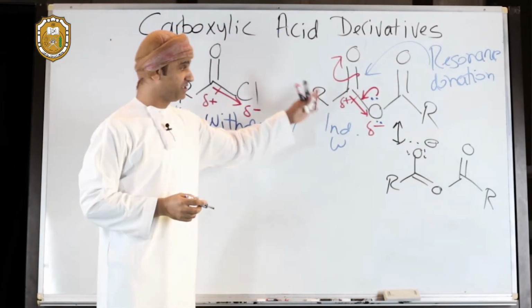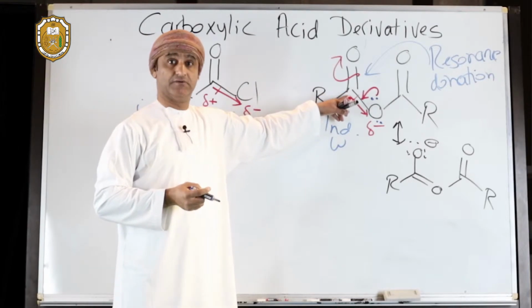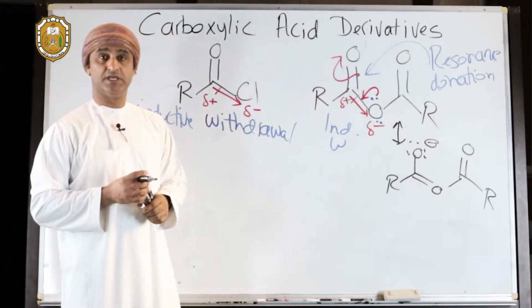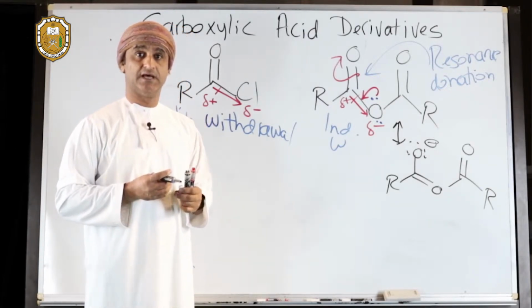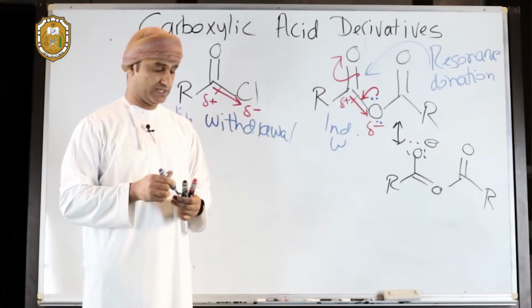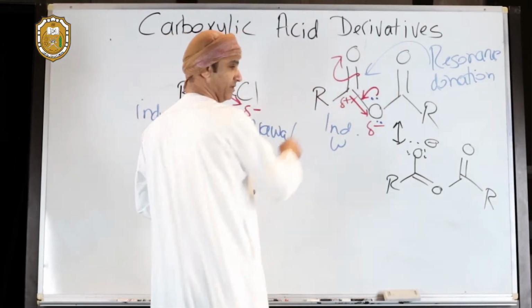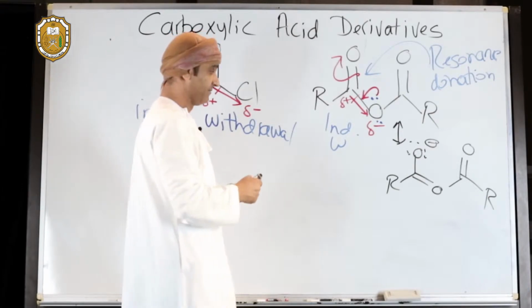Now, this donation of electrons reduces the electrophilicity of that carbon. If the electrophilicity of that carbon is reduced, then its susceptibility to nucleophilic attack, and subsequent nucleophilic addition, would be less. So that carbon of acid anhydrides, as a result of this resonance donation, is less electrophilic.